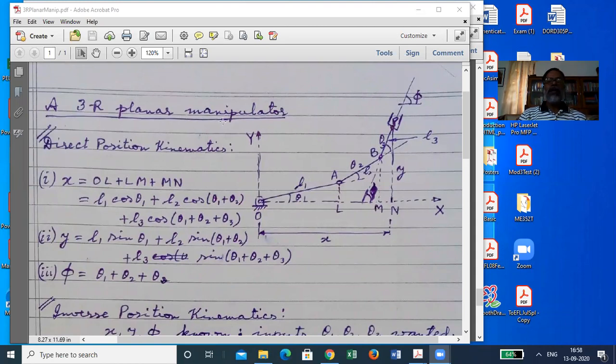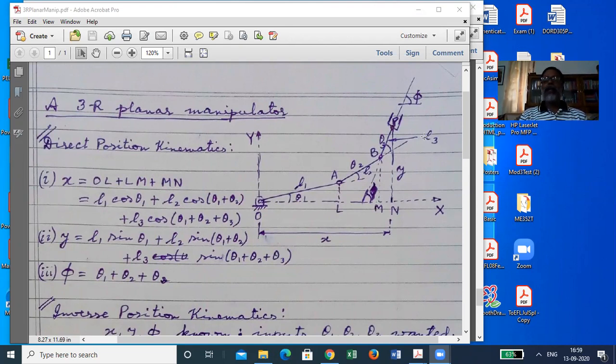So this is a 3R planar manipulator. With the frame, you have the first link attached here of L1 length, second link of L2 length, and the third link of L3 length. Okay, these are the 3 link lengths. And when I say link length, they make the same sense as in the ordinary sense of mechanism theory, in plane mechanism.